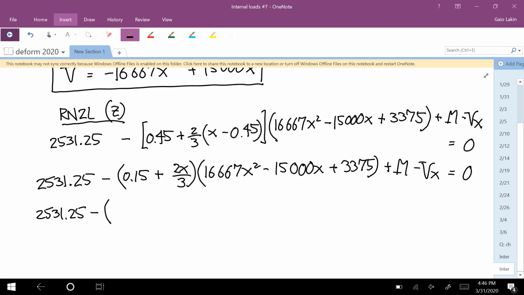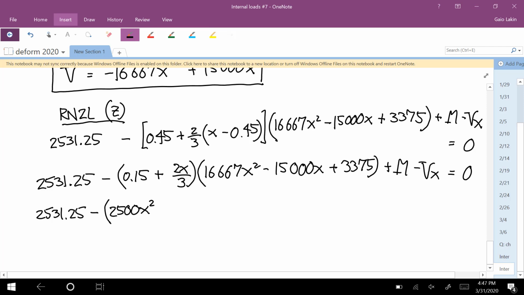0.15 times 16,667, that's 2,500, so we have 2,500 plus 0.15 times 15,000. Oh, so that first one is 2,500. Sorry, I left off the x squared on that first term. That was the 0.15 times the 16,667 x squared.